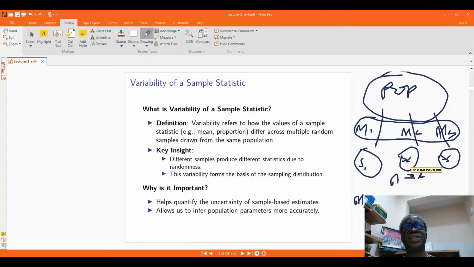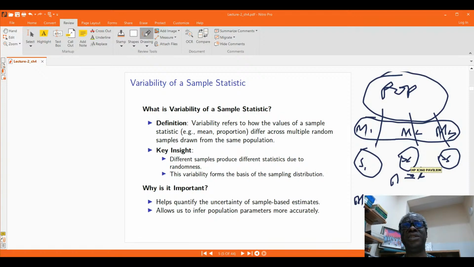Why is it important? We need to understand this variability to be able to quantify the uncertainty of the sample estimate that we have computed.